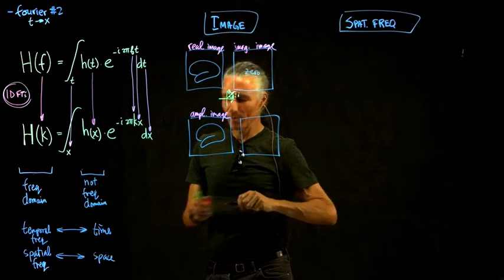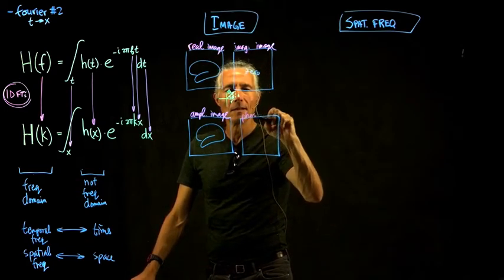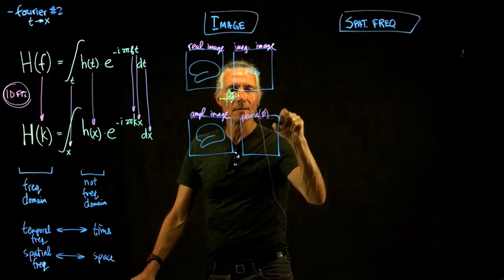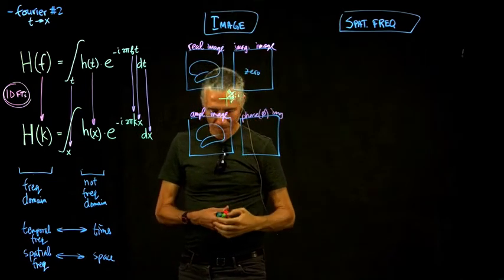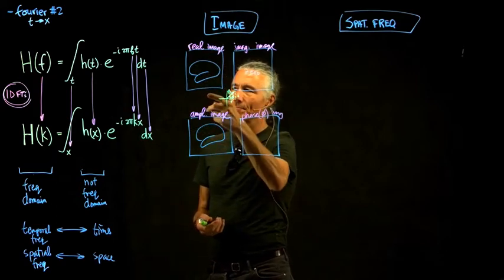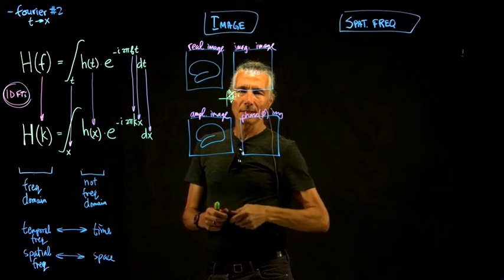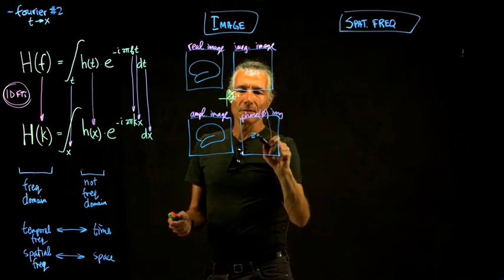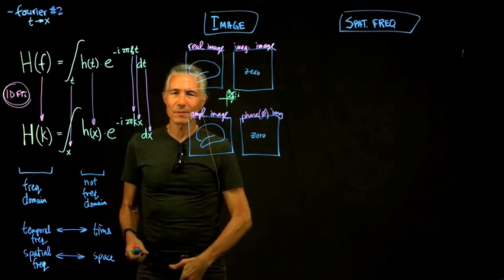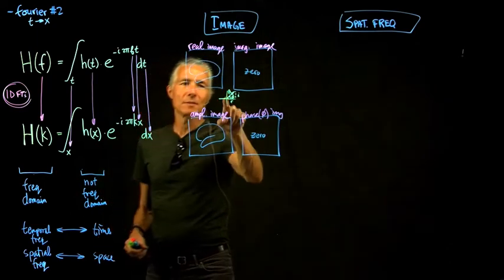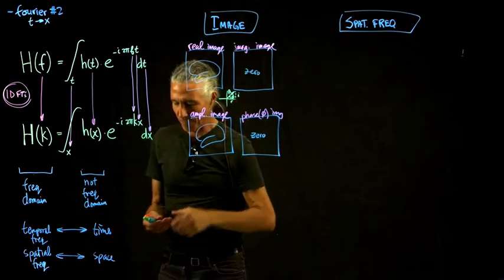This other component would be the phase image. There's the phase image, and the phase image would be all 0. If the real image was all positive, this would be 0. There might be some 180s in there if some part of the image was negative, but if it was a positive real image, you'd end up with 0.